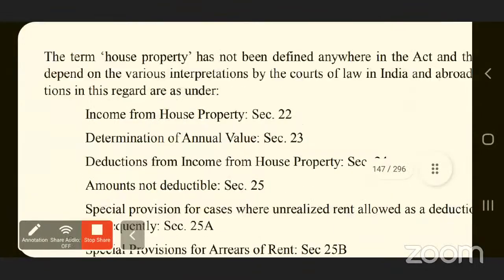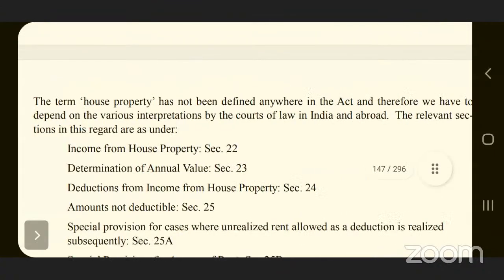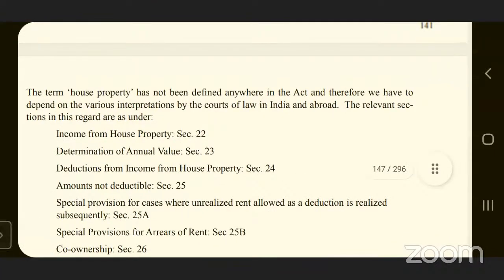The point is that house property has not been defined at all in the Income Tax Act, but after observing various aspects, we will come to know what is actually income from house property.